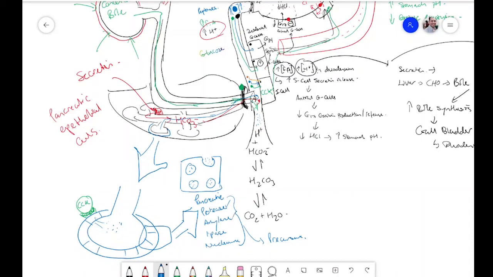Amylase. Tick. Fatty acids, lipases. Check that out. And then, of course, we got nucleases to break down actual biological components that don't fit into those categories, which is great. That's all very clever. We're enjoying this. This is good. CCK is very clever.